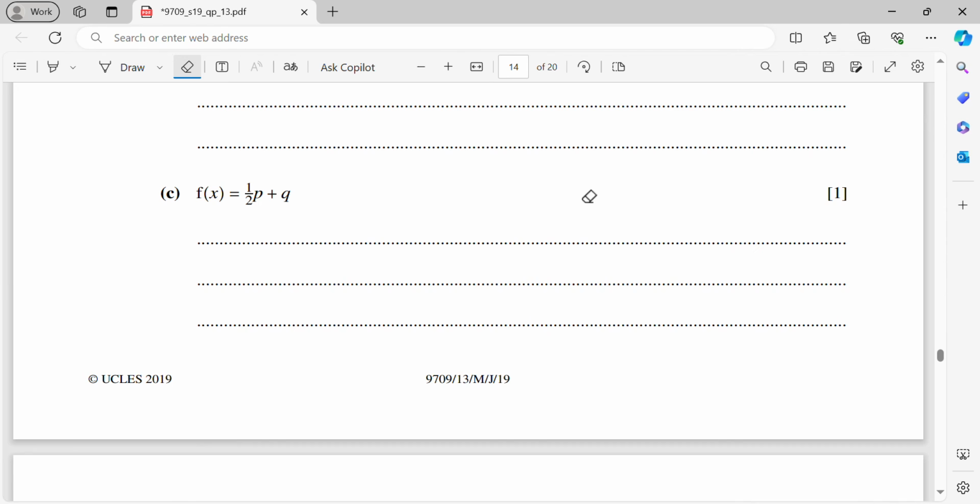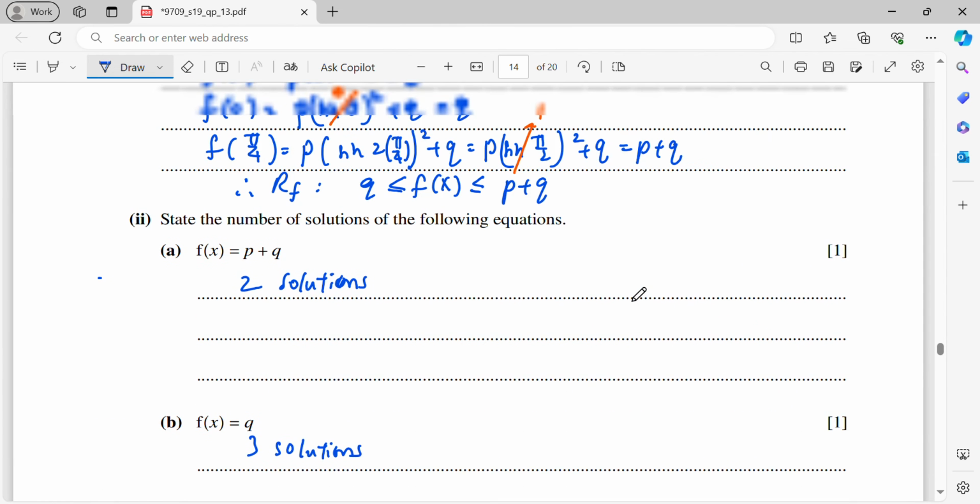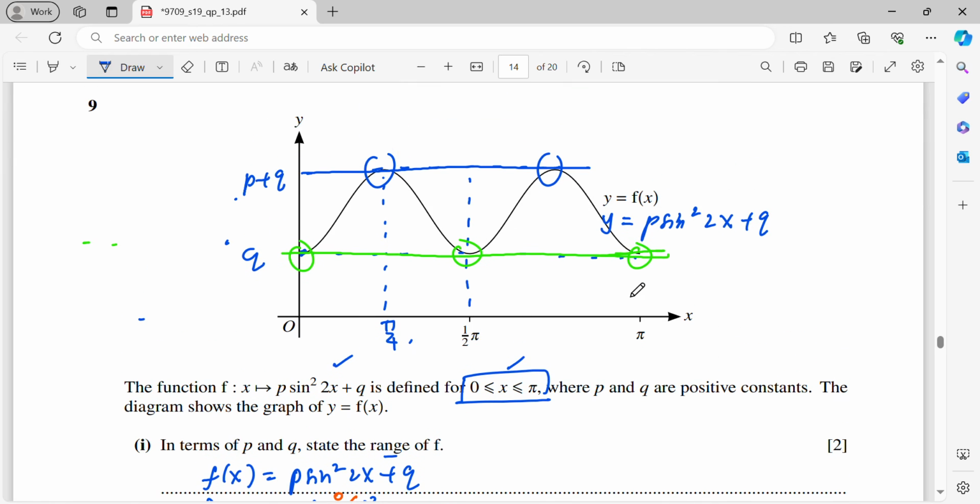And then f(x) equals half p plus q. Okay, so now here, half p plus q. So you see, this is p plus q. Here is q, right?